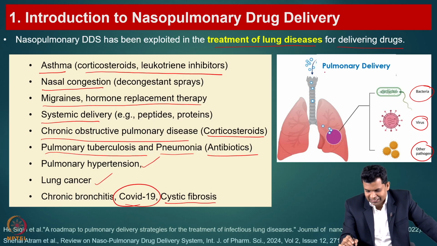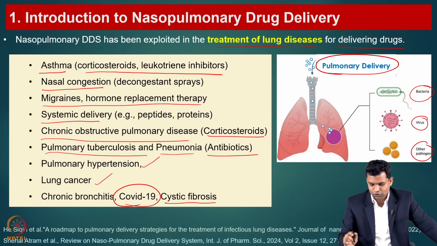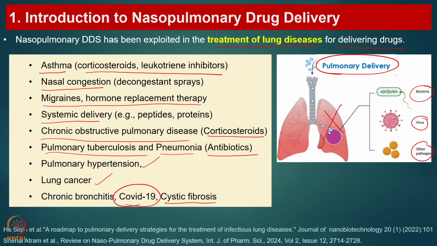We can make such drugs into the desirable format, either sprays, powders, or aerosols, which can be delivered to the lungs to stop the infection, the inflammation, or the cancer. So, we need to convert our drugs into the desired formats.